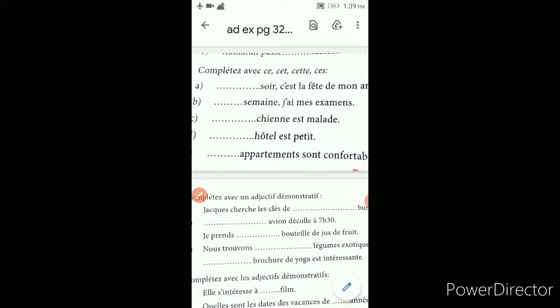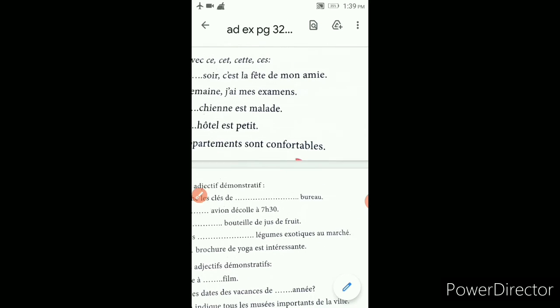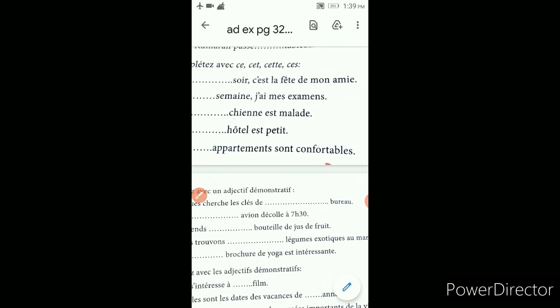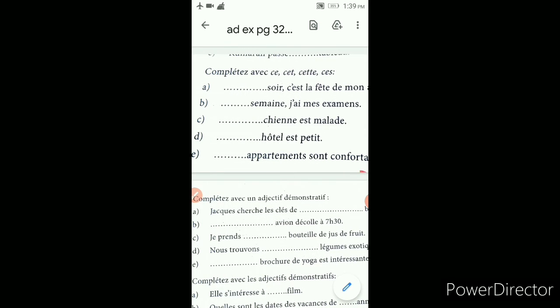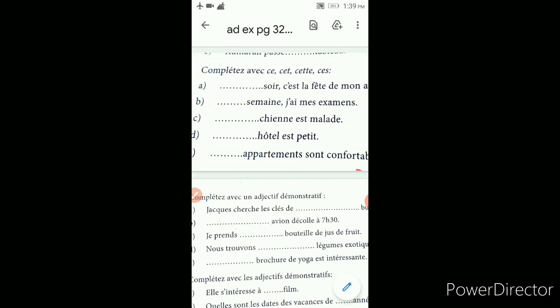This dog is not well. Dash hotel est petit. This hotel is small. Petit means small. Dash appartement so confortable. These apartments are comfortable. Now let us move on to the next exercise.